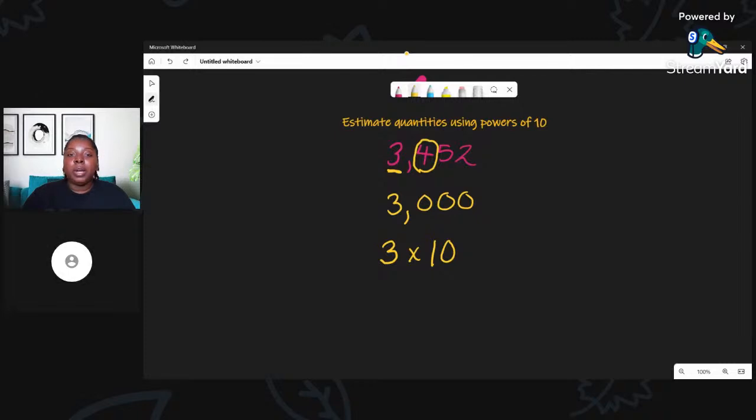What do I multiply by that would give me 3,000? 100. Okay, 3 times 100 would give me 300. Go higher. 10,000 would give me 30,000. So now let's go lower. 1,000. Good job.